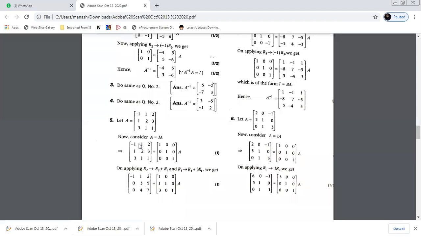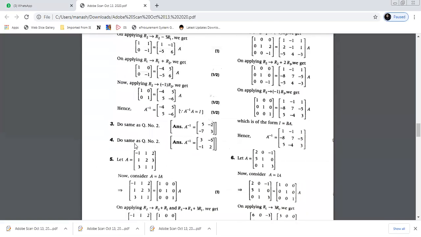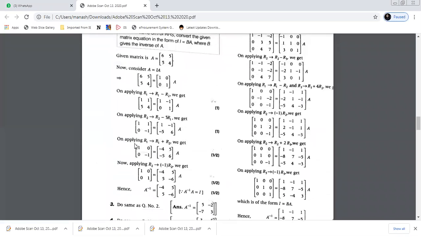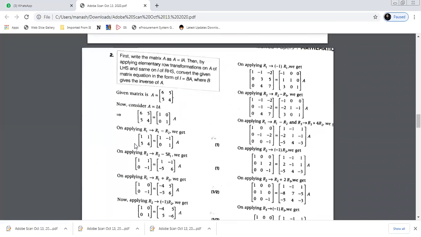Okay, so see, we have to make these elements equal to 1. How can we make this element equal to 1? You have to multiply by -1. So -1 into 1, so it will be 1, -1, -2. Same operation you have to do on the right-hand side also. So it is again -1, 0, 0.